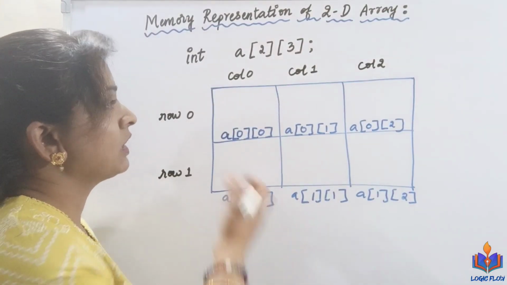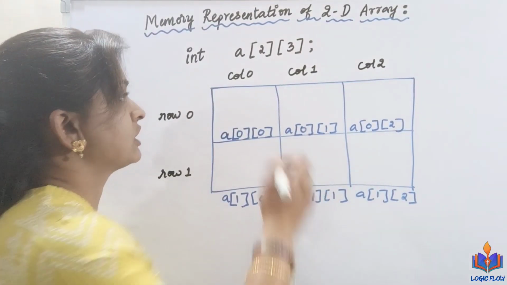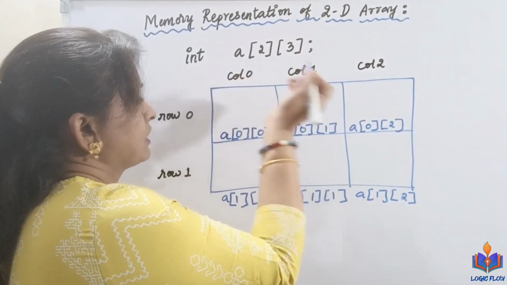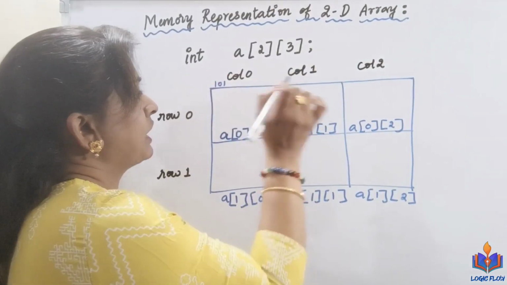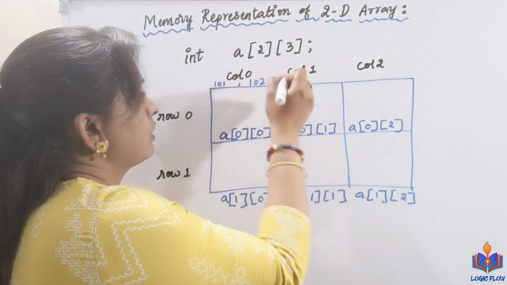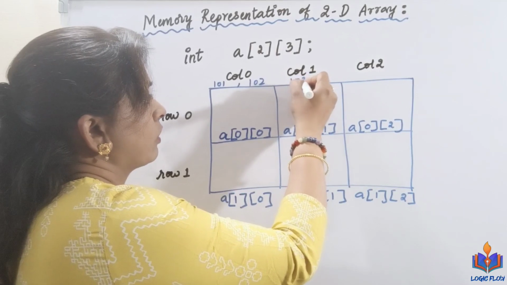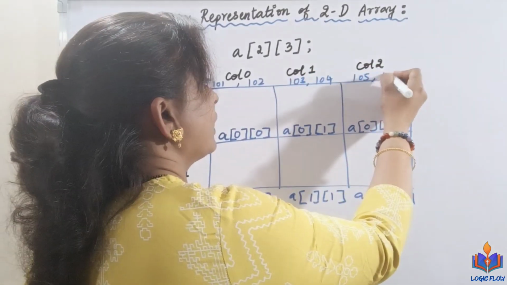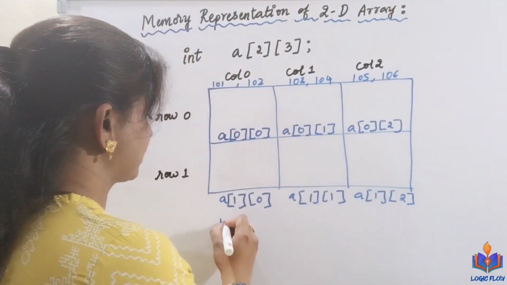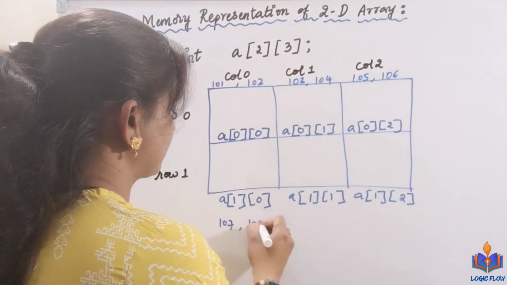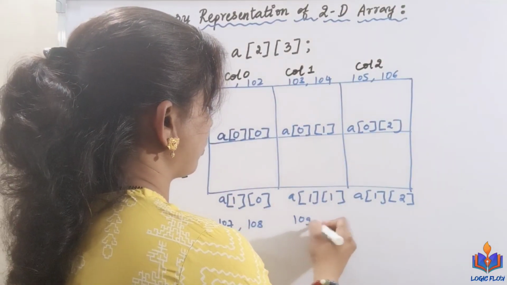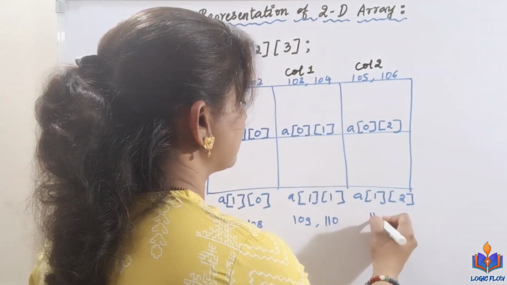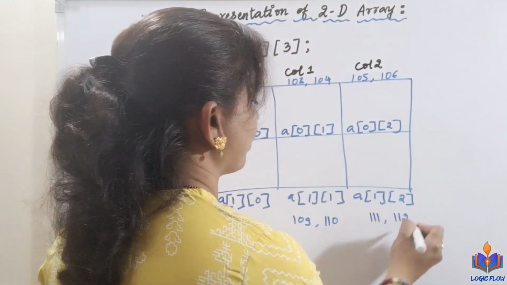Say some addresses will be allocated for this. Say it has started from 101. So each element takes 2 bytes: 101, 102, 103, 104, 105, 106, 107, 108, 109, 110, 111, 112.